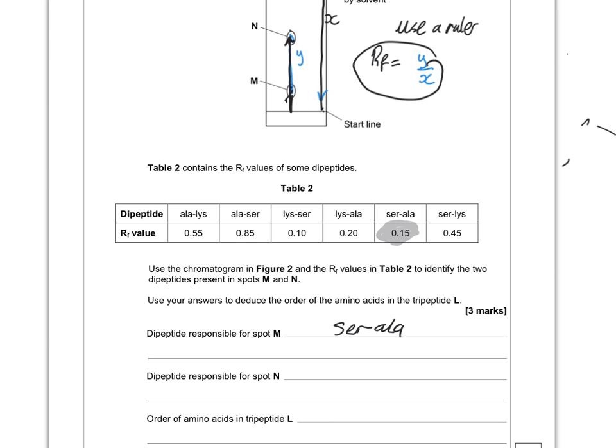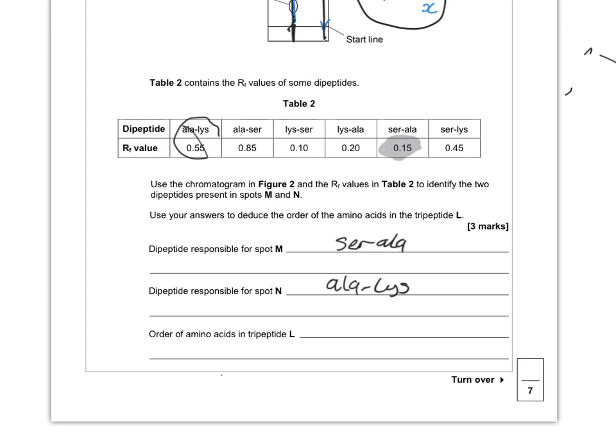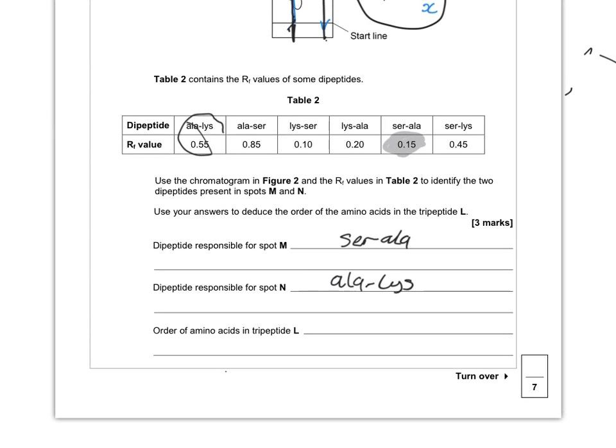Spot N had an Rf value equal to that of the alanine-lysine dipeptide of 0.5, so it was the alanine-lysine dipeptide. Using a process of deduction, therefore, alanine is common to both of them, and that must have been the central amino acid, so therefore the sequence must have been serine, alanine and lysine.